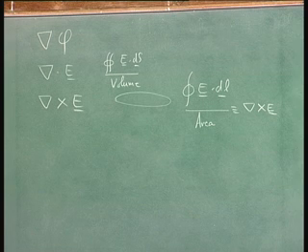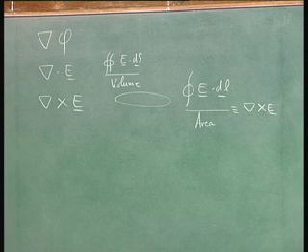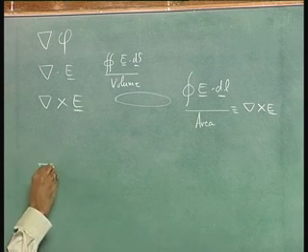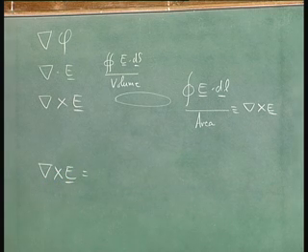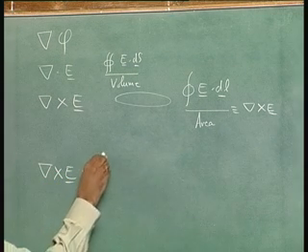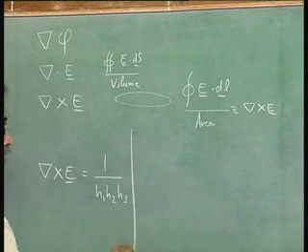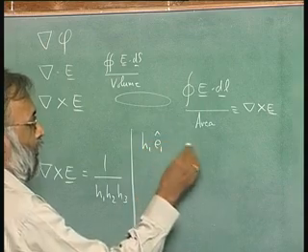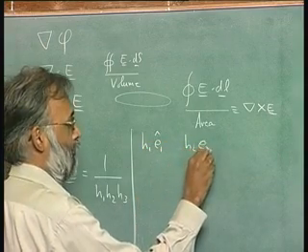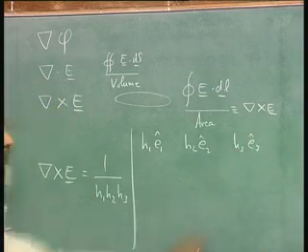Okay. At the end of last lecture, I talked about what curl was in non-Cartesian systems, and I wrote down the answer. I didn't derive it, it is derived in the appendix of your textbook. E1, E2, E3 are unit vectors.